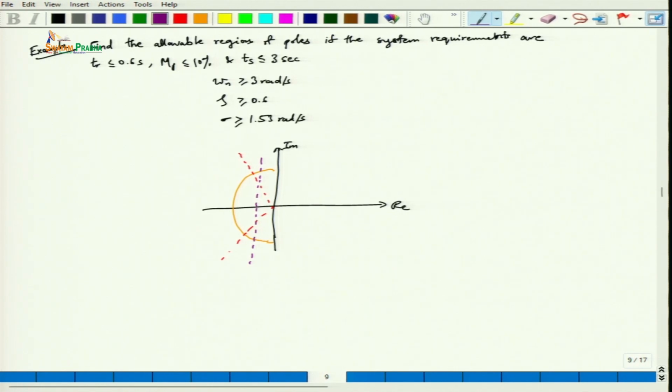In this case the more important criteria will be the criteria on omega n and the criteria on the damping ratio. Sigma does not play a role because it is already satisfied by the remaining two criteria. So this is the allowable region for poles.